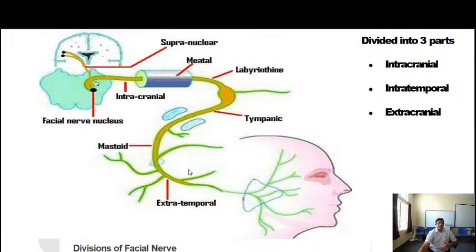So there are two motor and two sensory. The sensory is nothing but the chorda tympani, which is the one which carries the sensations from the anterior 2/3 of the tongue.